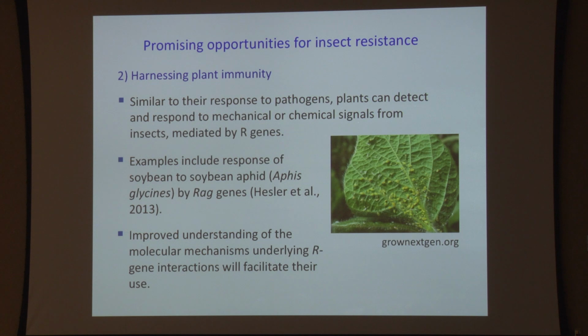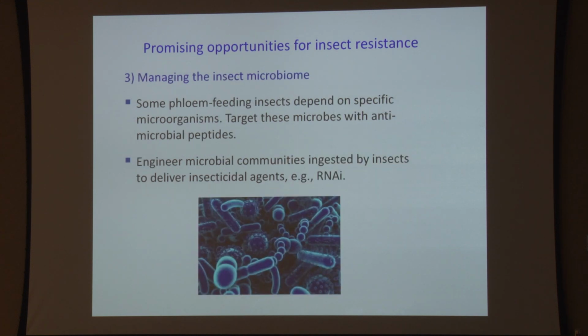So one example is soybean aphid and soybeans with resistance conferred by the so-called RAG genes. So understanding better the mechanism underlying these R gene interactions will facilitate their better use.